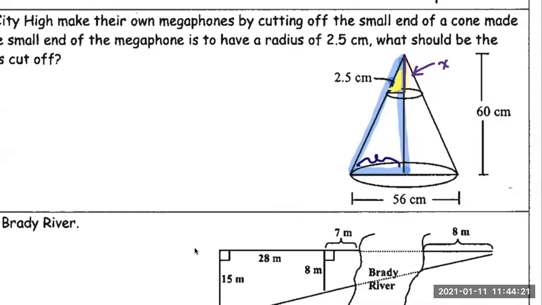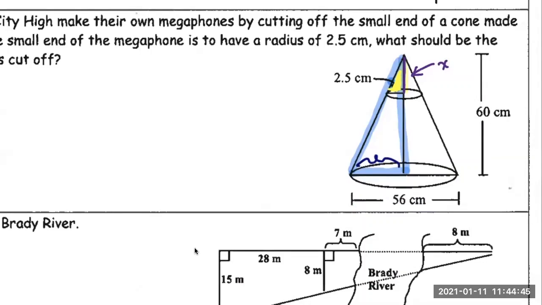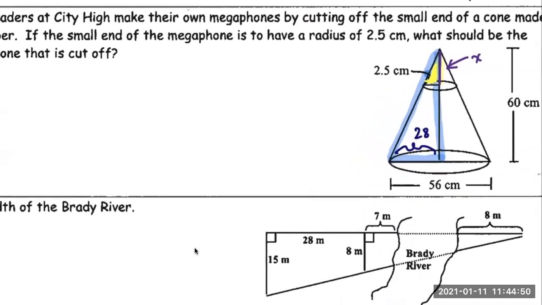What's the measurement of the base of the blue triangle, which also happens to be the radius of the bigger circle? Very good, you said 28, because we can divide the diameter in half to get the radius, which is 28. That's important because that's a unit of measure of my blue triangle, which I need.